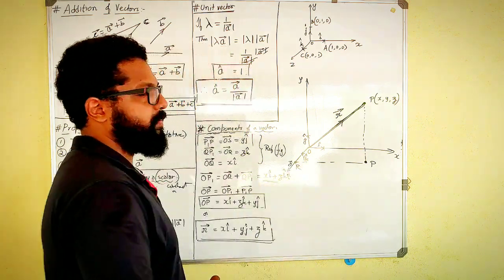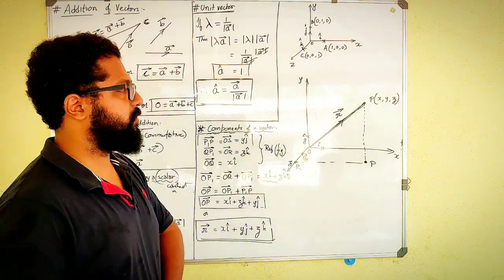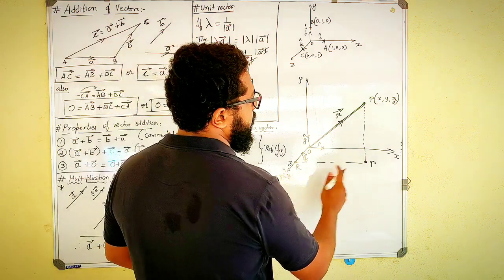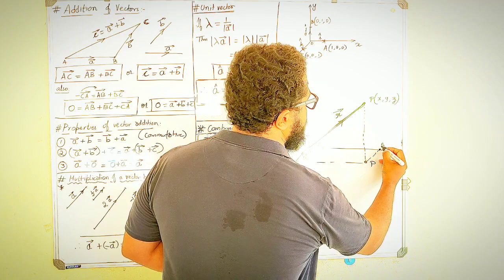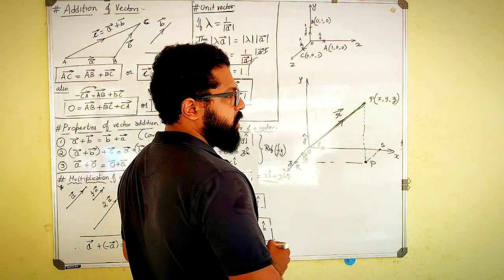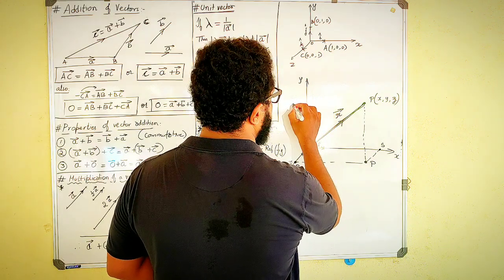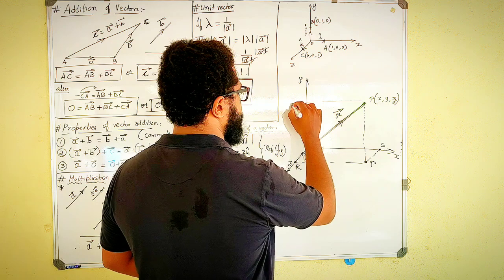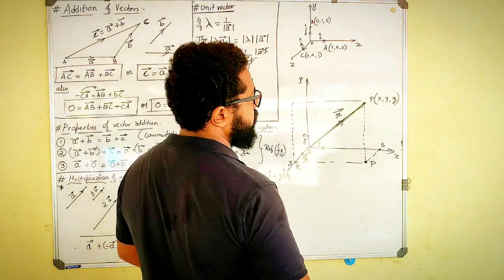From there, I will drop a perpendicular to z, and I will name this point as R. You can name anything you want, but I'm going to follow the textbook letters. And if I drop a perpendicular to the x-axis, I'll name this as S. Then I take it in this way and join these points like this.